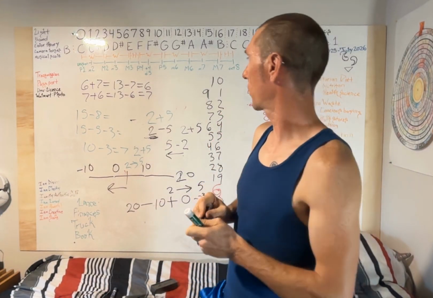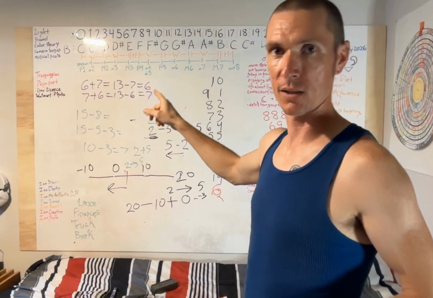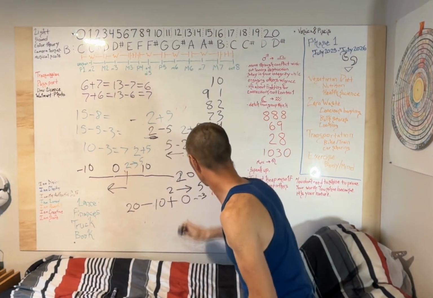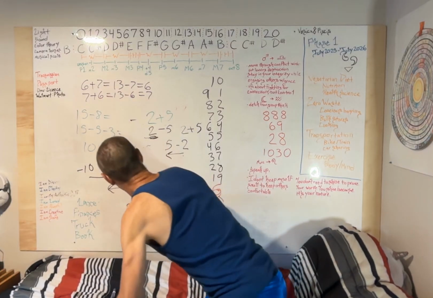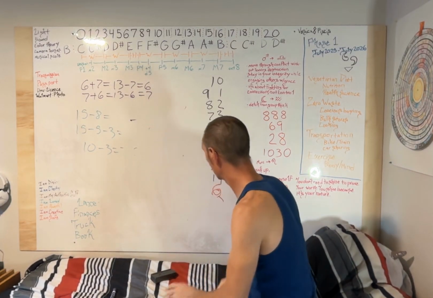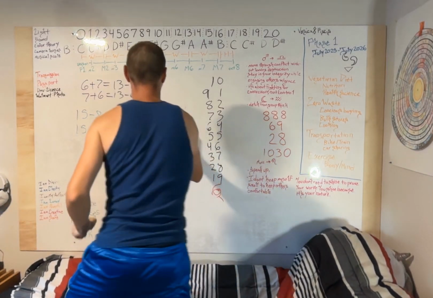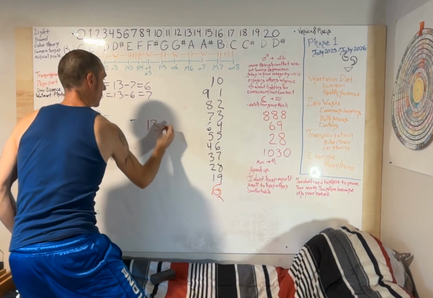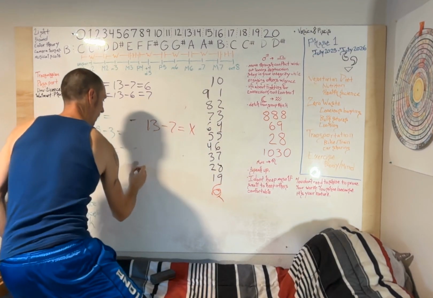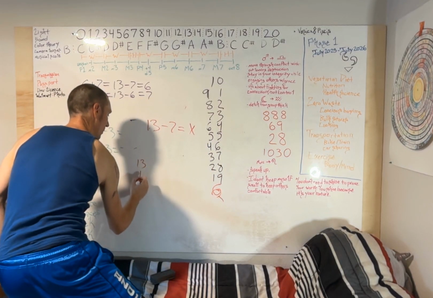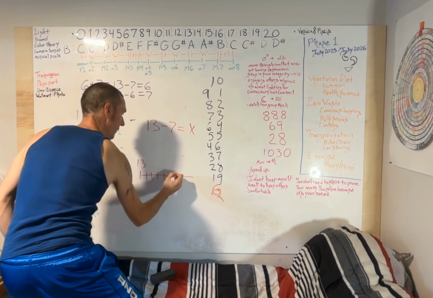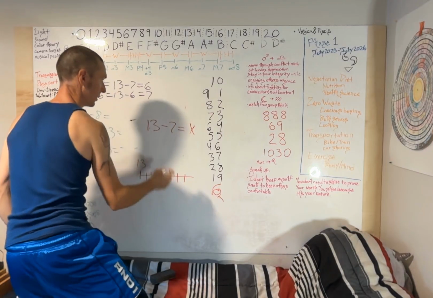So when I come up with 13 minus 7 equals what? I've got 13. 1, 2, 3, 4, 5, 6, 7, right?